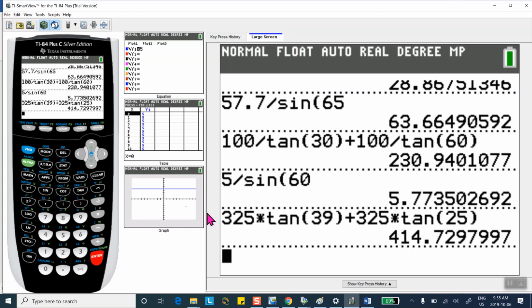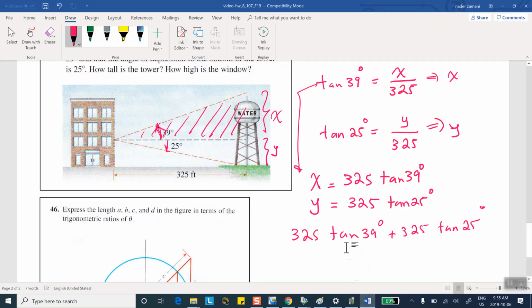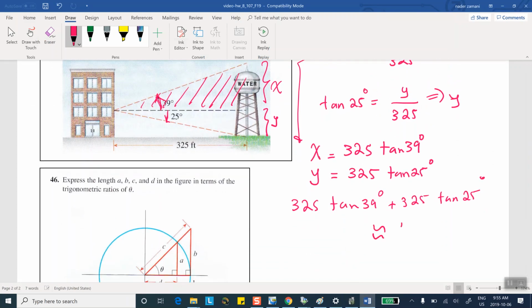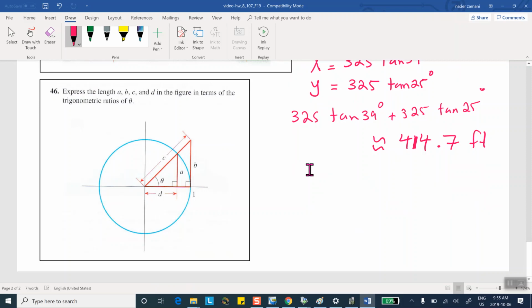So this is 414.7 if you round it to the first decimal. So this height is approximately 414.7 feet. Okay, let's do our last problem.